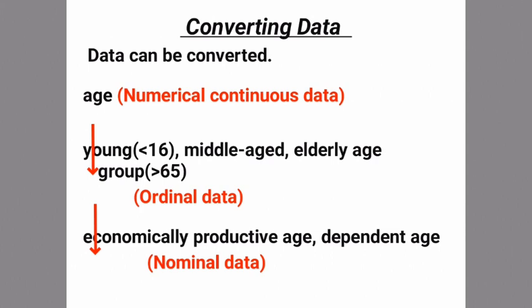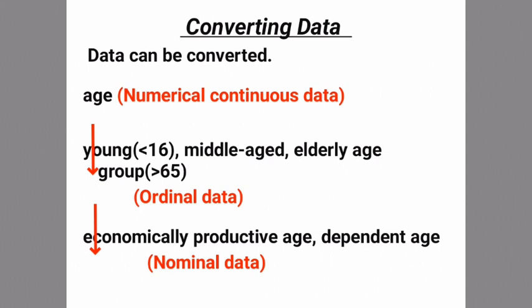So now all the observations were assigned into different groups. The exact age value was converted into three groups. Now those three groups are ordinal data. They are ordered, so it is ordinal data.